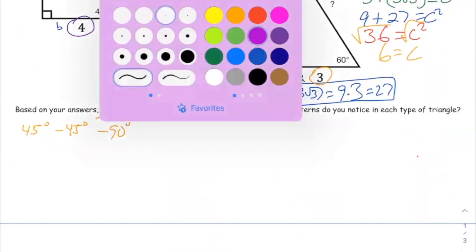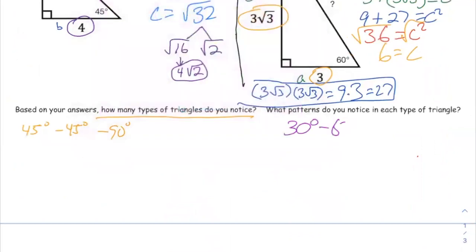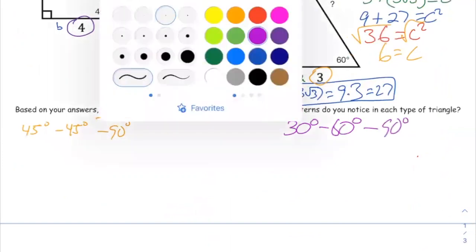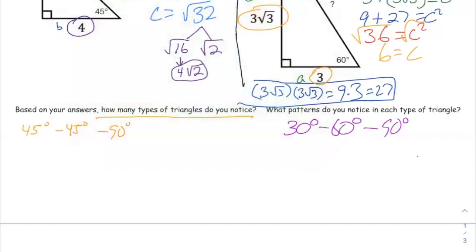Let's go with a different color. 30, 60, 90. And opposite of those angles were a leg that was the same size. And then we had the hypotenuse.